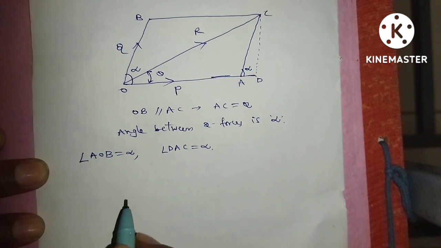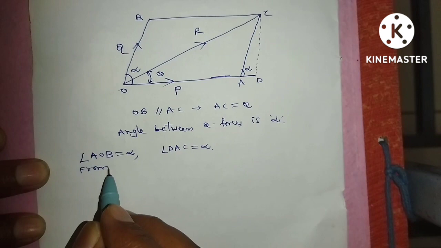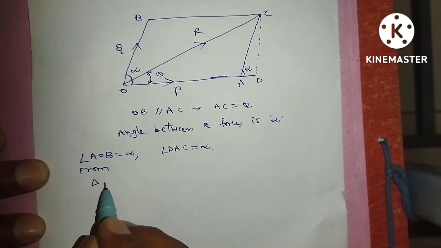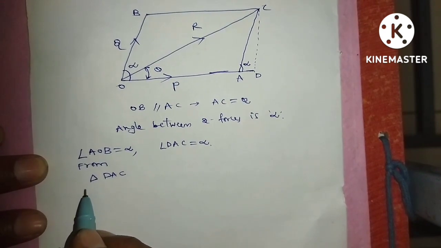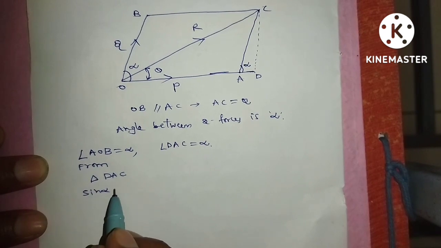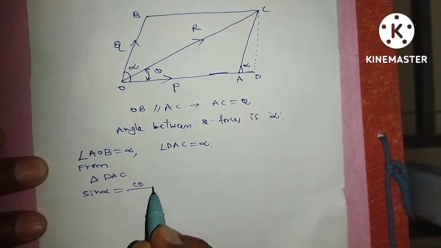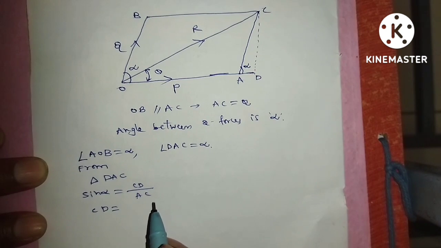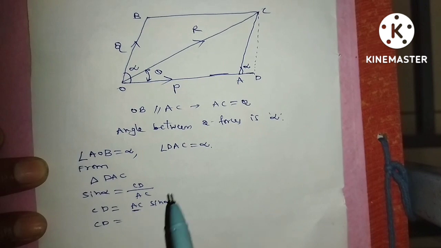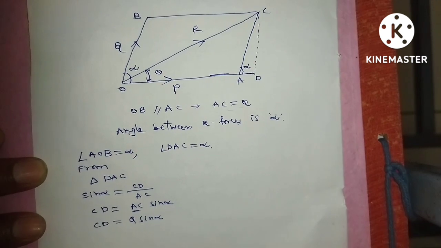Now from triangle DAC, sin alpha is equal to opposite side by hypotenuse, which is CD by AC. We have to determine CD, and AC is equal to Q. So CD is equal to Q sin alpha.